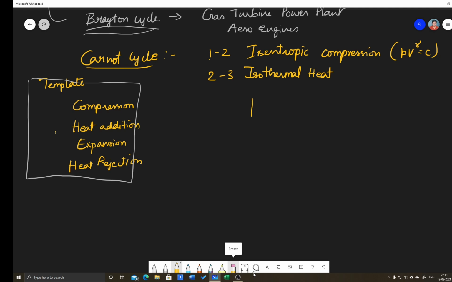If you assume that there is a body at 30 degrees centigrade and there is another body at 30 degrees centigrade, and heat is being transferred from this body to this body, then because these two are at the same temperature, it can be reversed also. If this is possible, this is also possible. That is why the Carnot cycle is incorporated with isothermal heat addition.